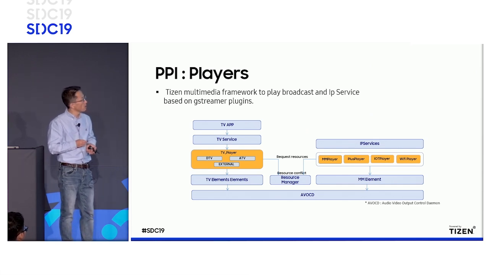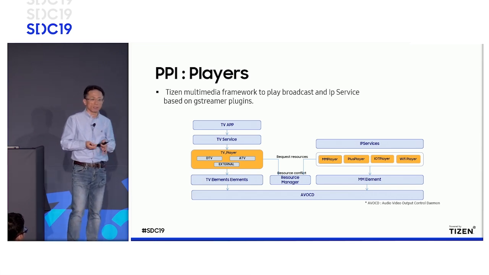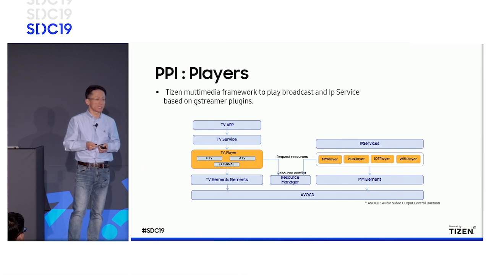So plus player is a kind of our downloadable player module. Some part can be downloadable, so updatable easily. So we made it for a special purpose. This IoT player, this is playing the contents from the SmartThings. This Wi-Fi player, this is playing the contents from the Wi-Fi source.